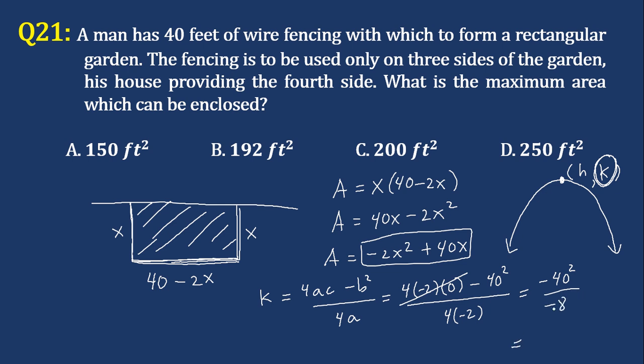And 40 squared is 1600, negative. And then we divide this one by negative 8. So finally, we have 200 as the final answer. So 200 square feet is the maximum area which can be enclosed. So the answer is letter C.